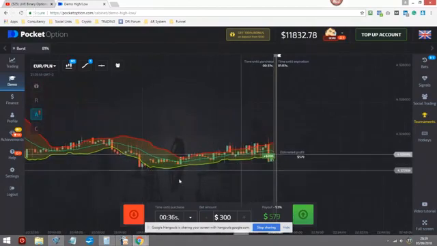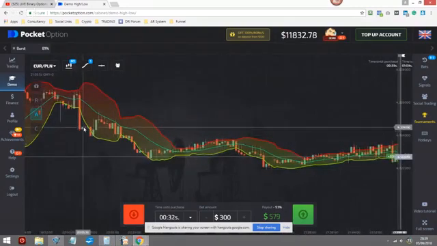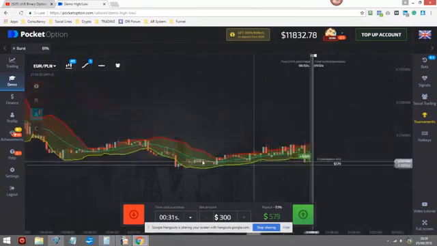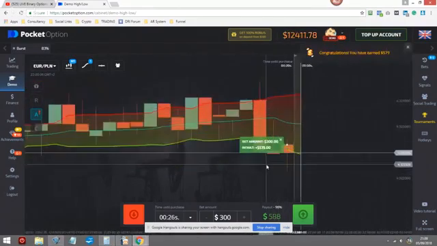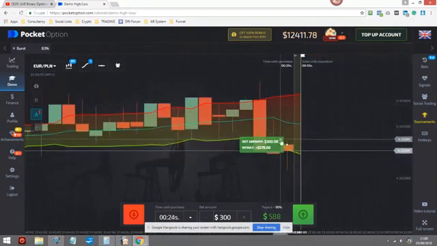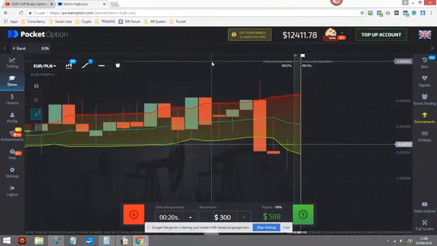See here, the big drops and then bounces back up. So it was very speculative, and it's not something I would recommend that you do. And we've been lucky enough to win that. Okay, so we've made $2,400 in the past, what's that, 15 minutes.